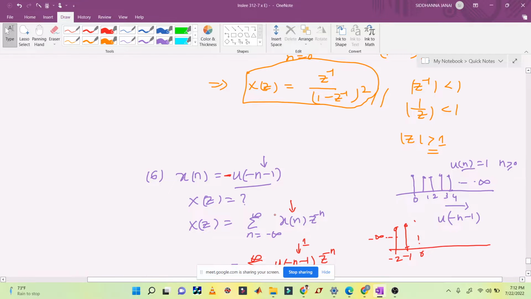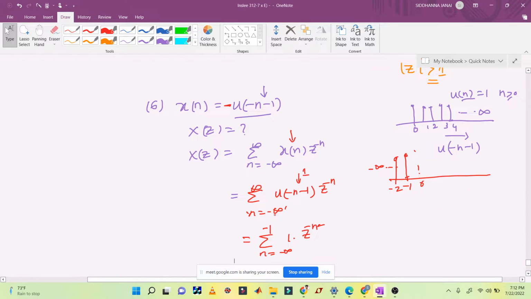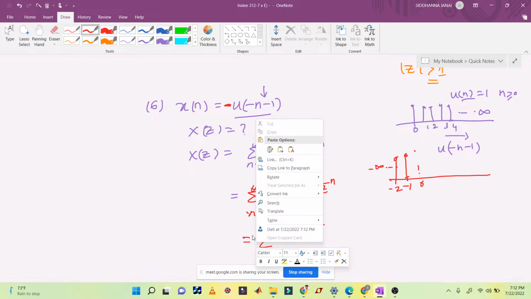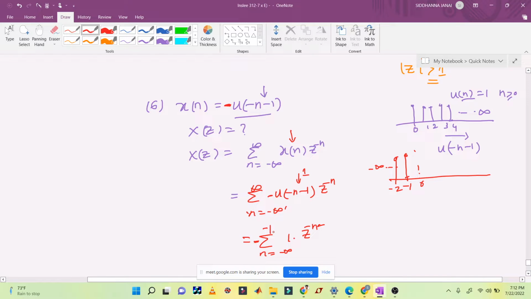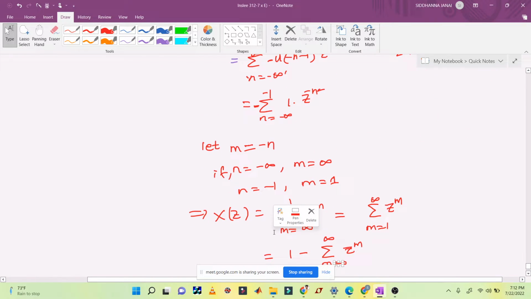The given sequence we need to consider as minus. It is not like I am considering it, actually it is given only. I forgot to mention this minus, so let us write this outside. It will not change the output as of now.